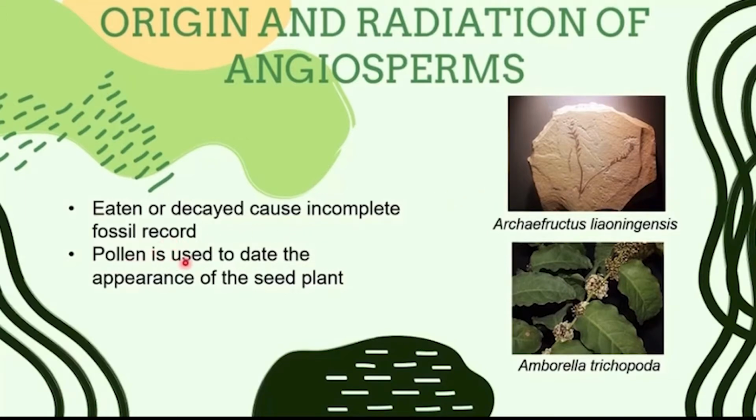In plants, pollen is preserved better than other soft parts, so pollen is used to date the appearance of seed plants. Botanists have come up with an initiative, which is DNA comparison, in finding plant fossils. So they managed to find another fossil, which is Amborella trichopoda.